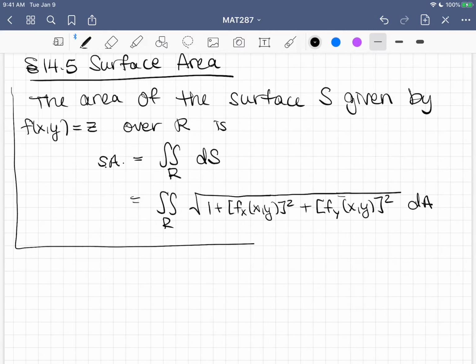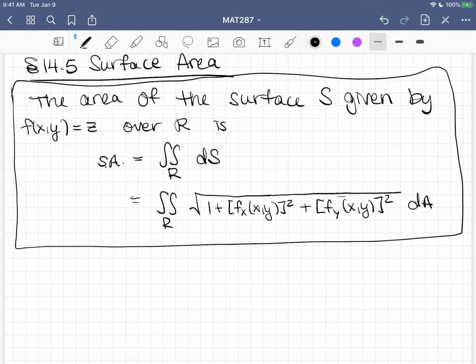Okay, so this is our formula for surface area under a curve over region R.